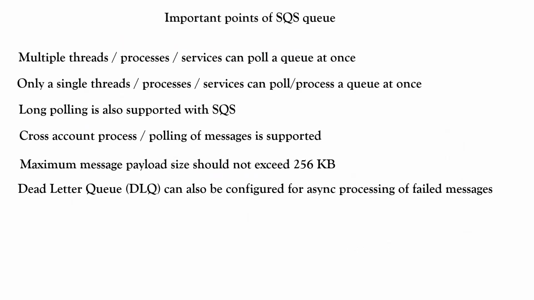The dead letter queue is a different kind of queue that can be configured, where all those failed messages which could not be processed in the standard fashion will be stored. Later, with the help of some different Lambda service or API service, we can pull those messages, analyze and reprocess them, and analyze what happened and what was the reason it could not be processed. So that can also be configured with the dead letter queue with SQS.